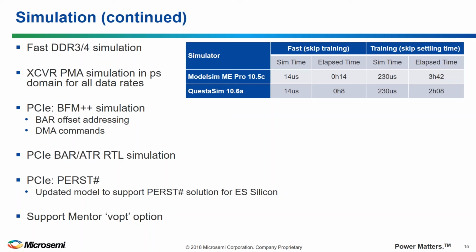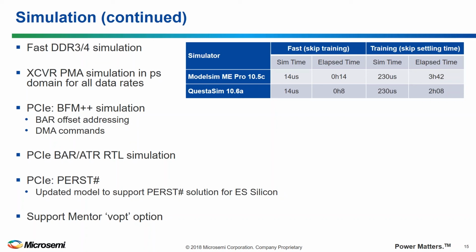We've introduced a new bus functional model for simulating the PCI Express. The bus functional model has commands that allow you to emulate data that's transferred between the PCI Express block and the fabric across the AXI4 bus interface.